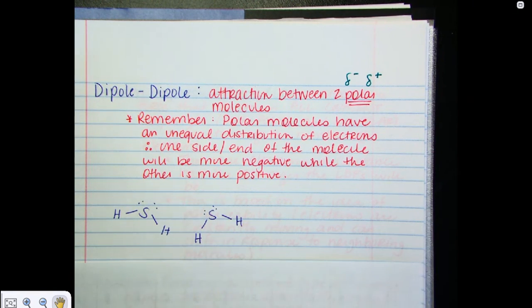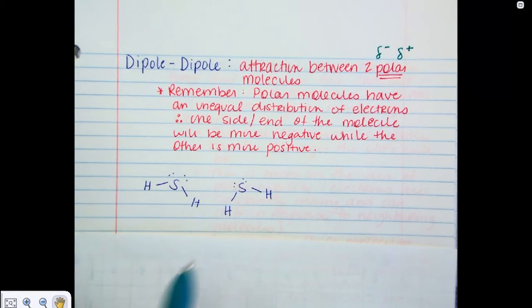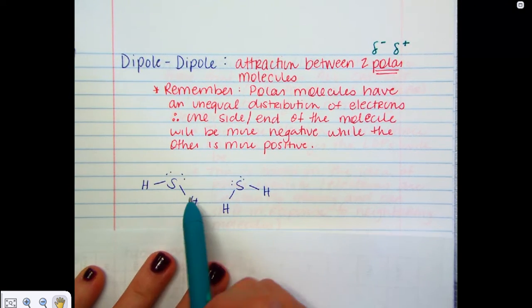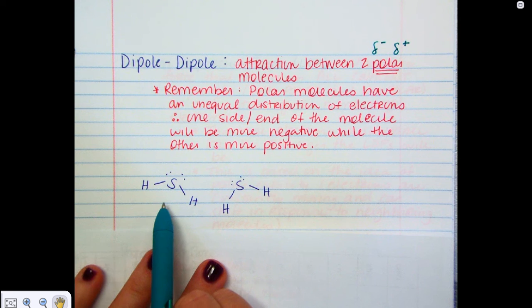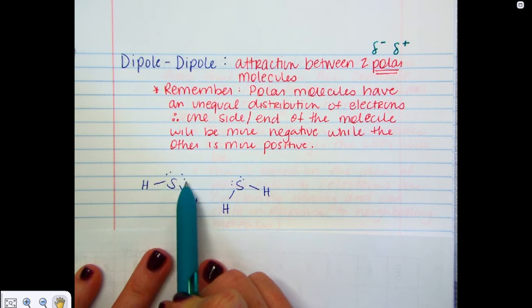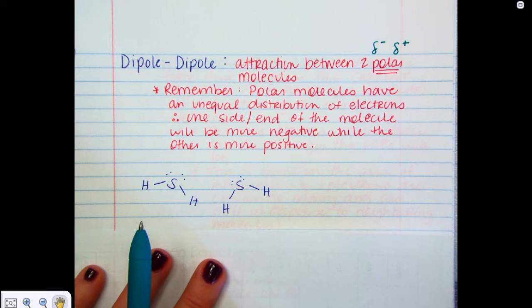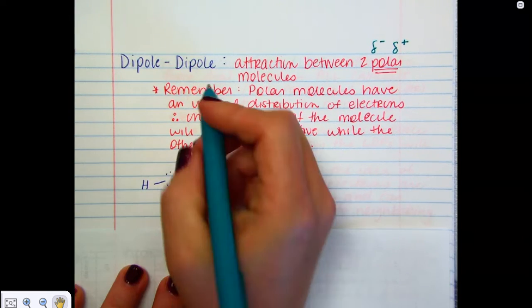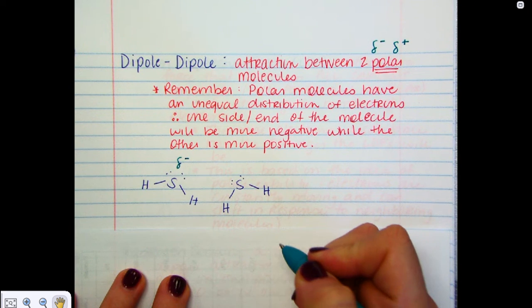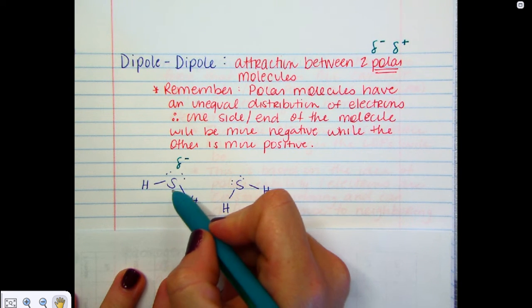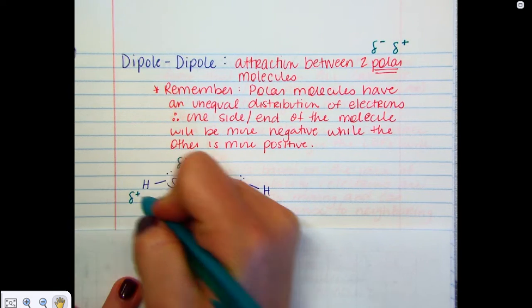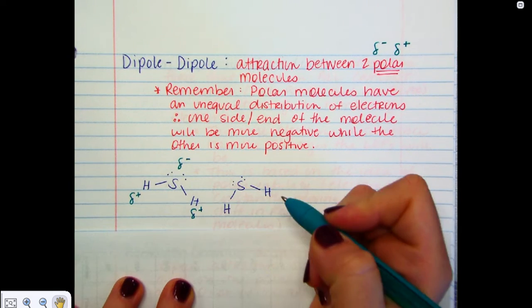So we're going to look at an example. Here I have dihydrogen monosulfide, and we know because of the orientation of these molecules, in this bent shape with these unshared pairs of electrons on top, that these are polar molecules. The sulfur end here is my partial negative end, because having the unshared pairs means we're going to pull the electrons more that way. The hydrogen ends are my partial positive ends.